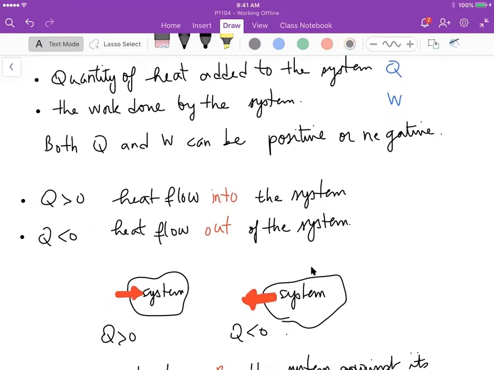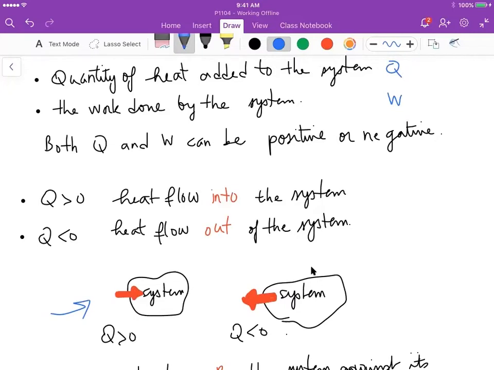The quantity of heat added to the system could be positive or negative in the sense that if the heat flows into the system, or heat is added to the system, then in this case Q is positive. We are in the first situation here, where this is your system, and you have some heat which is added to the system through the red arrow.